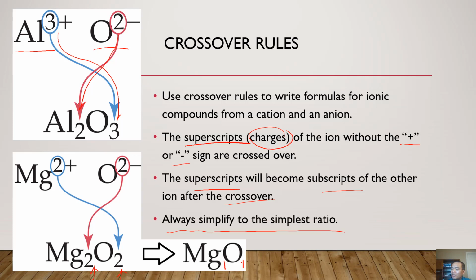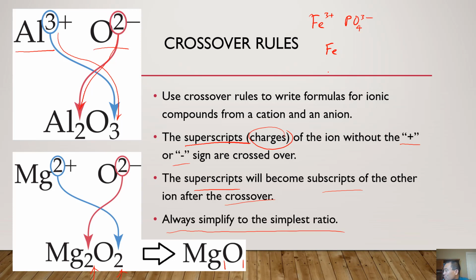What if you have parentheses? Sometimes it could be confusing, right? For example, if you have Fe 3+ and you have PO4 3-. So remember, never touch the subscript. You don't cross over the subscript. You cross over the superscript. So when I write Fe, just copy that without the ions, without the sign.